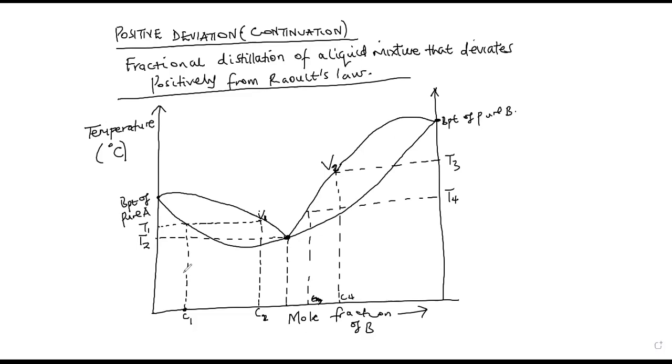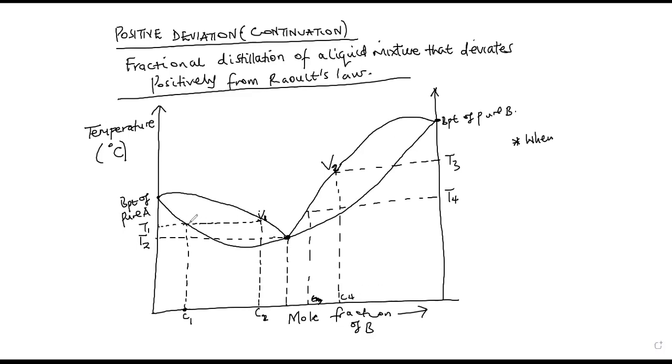When a liquid mixture of composition C1 is heated, since we are looking at the mole fraction of B, it means we are dealing with a liquid mixture of composition C1 of B. Let me first explain it. When a liquid mixture of composition C1 of B is heated, it will boil at a temperature T1, producing vapor V1, which is richer in B, because we produce the vapor richer in the component whose composition has been considered.